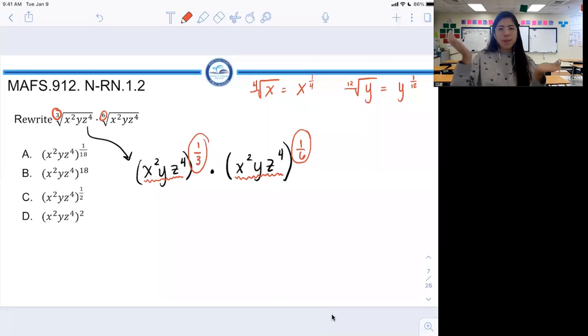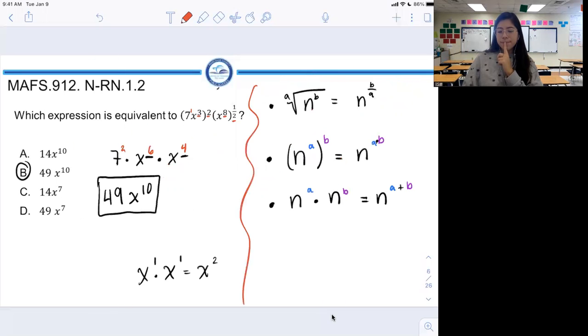Is it multiply them or add them? Perla thinks multiply. Do you guys agree or disagree? Look at the rules that we have so far. Should I be adding those two or multiplying those two?